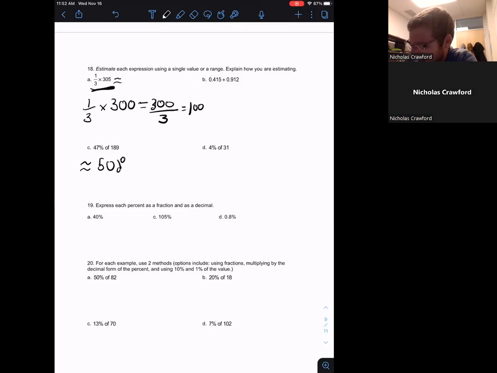So let's do 190. So it's about 50% of 90. So this is going to be equal to about 1/2 times 190, which is 190 over 2. So this is going to be about 95.